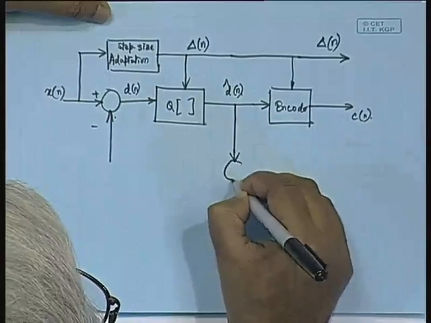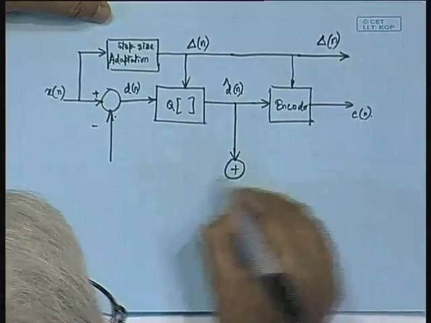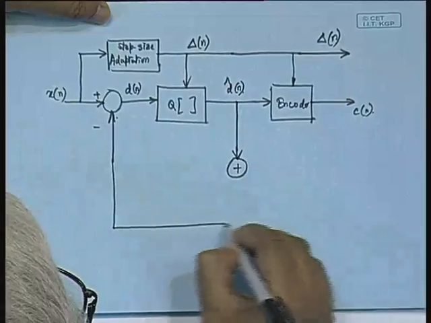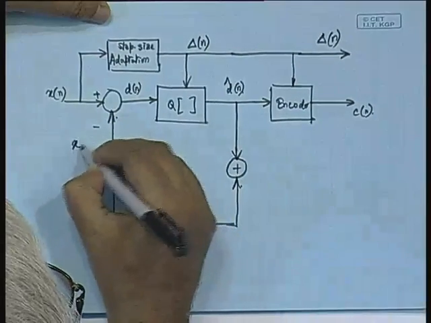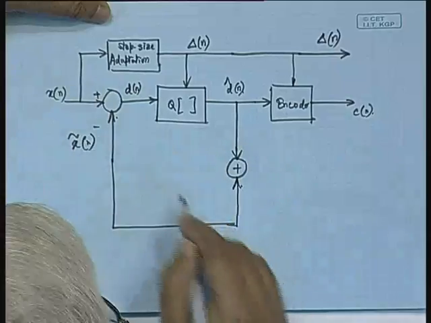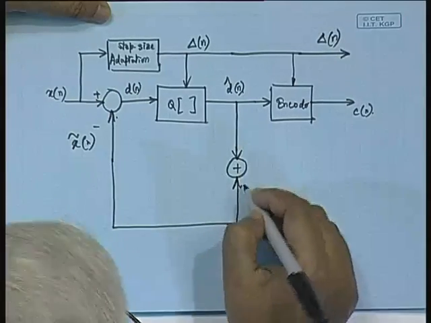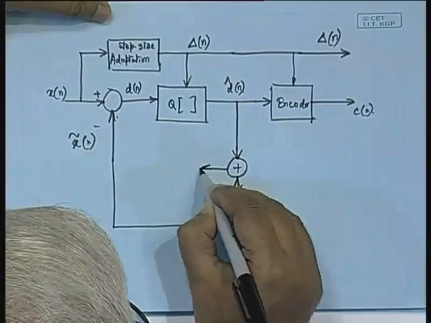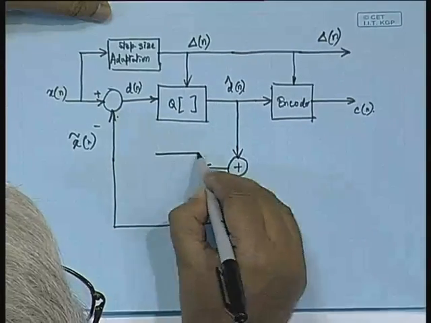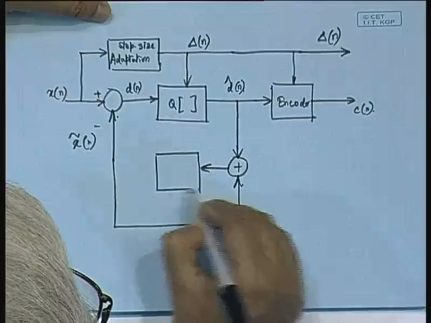and then this d cap of n we have to add up with the predicted value of the signal, which is x tilde of n. So, x tilde of n, if we add to d cap of n, gives us x cap of n, and then we will have a predictor block.